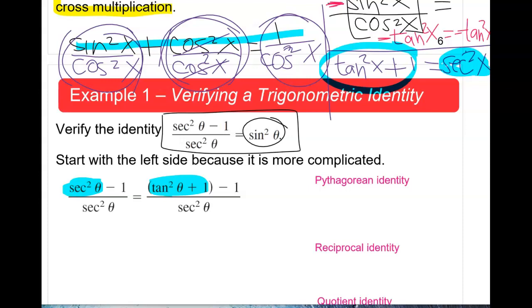And so that is the first step here. And I know I told you to just keep working on one side, so just to follow my own rule, I'm going to do the following. I'm just going to do the substitution on the left side. So instead of secant square of theta, I'm going to write tangent square of theta plus 1.